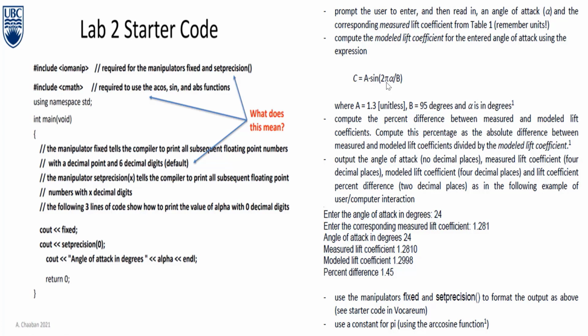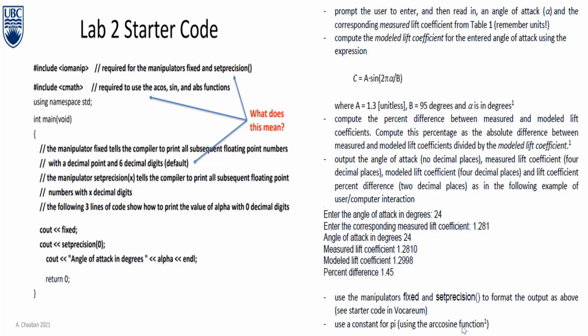For sure, you know how to declare a constant pi, but here in this code, we need you to define pi using the arccosine function. As you know, cosine pi is equal to -1. So pi is equal to the inverse cosine of -1, or arccos of -1.